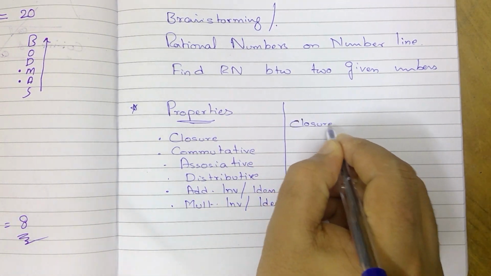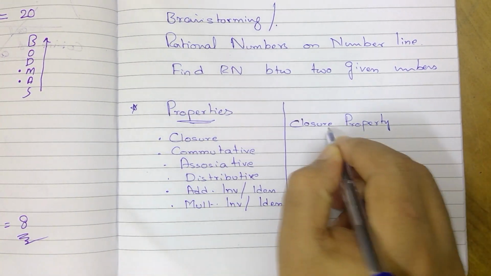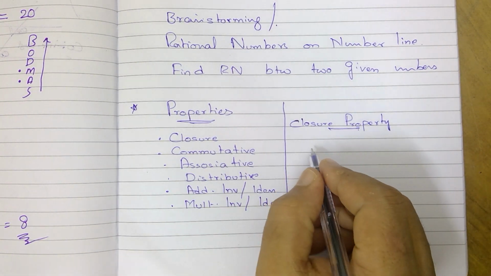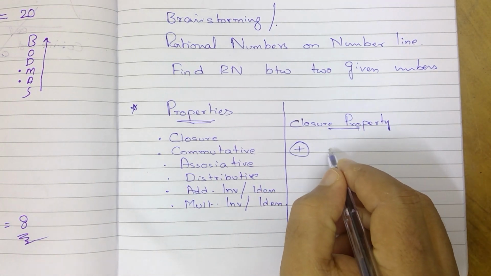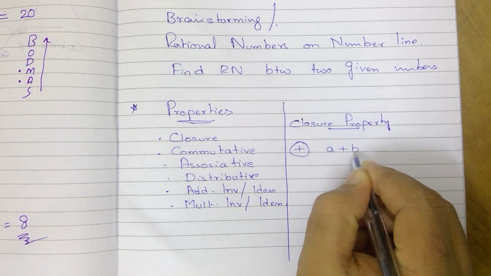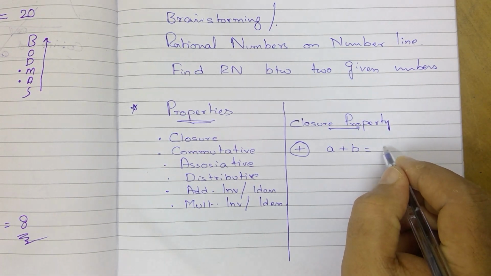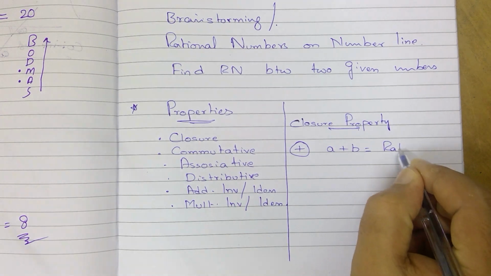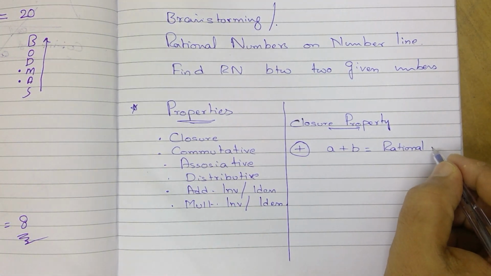So what is closure property, my dear students? We are dealing with rational numbers, right? So for addition, when you add two rational numbers, the sum also should be a rational number. What is a rational number?